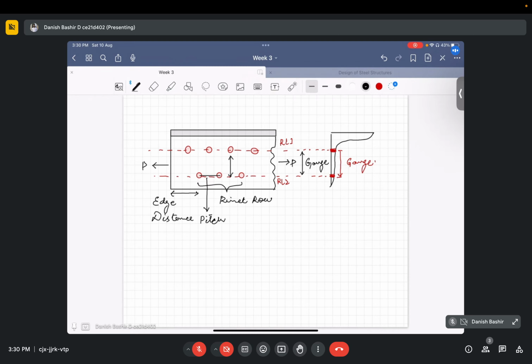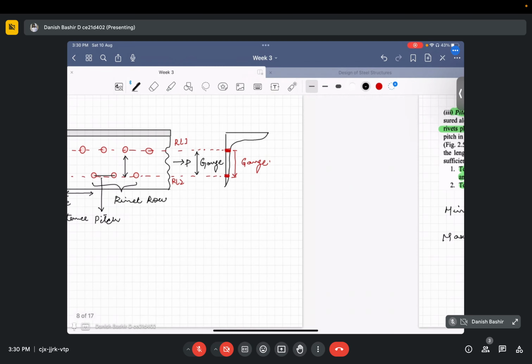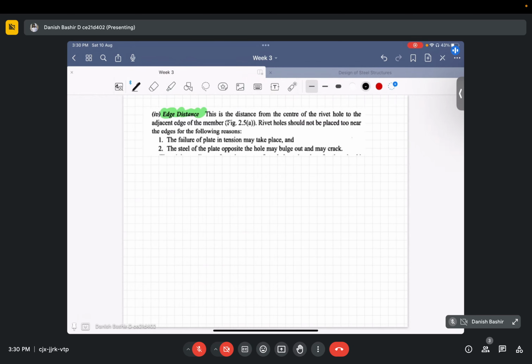The purpose of giving this edge distance is that it prevents the failure of the plate in tension. The steel of the plate opposite to the hole may bulge out and crack. This is the reason why we give the edge distance.